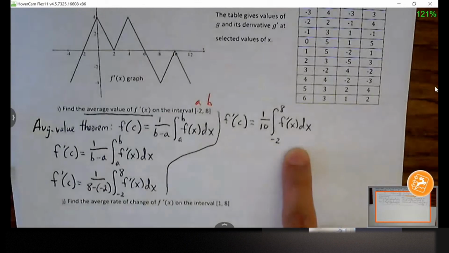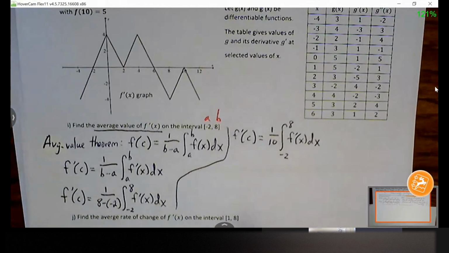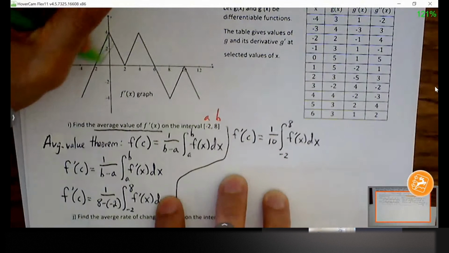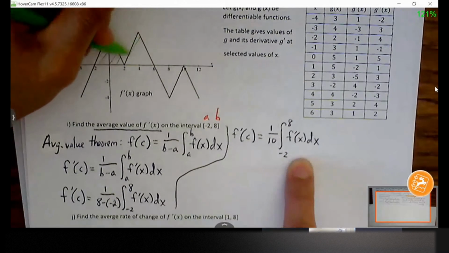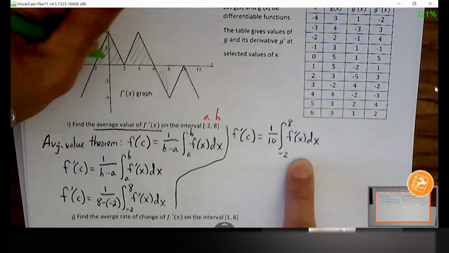All right, so -2 to 8 of f prime. It's 12. Good. Oops, +4.